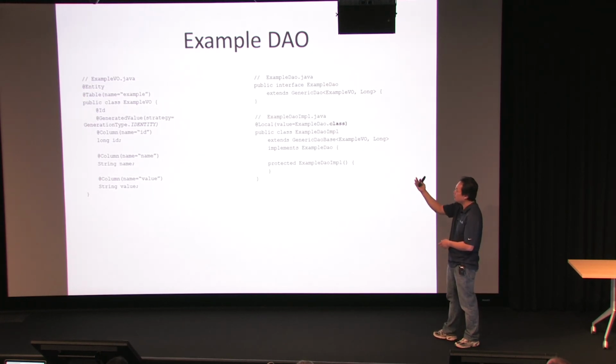You have our standard Java entity with its annotations, and then you create a DAO that inherits from the generic DAO interface, and then your implementation extends generic DAO base, and that's it. Unless you're doing searching, then you have to write your own search queries. But if you're not doing any searching, then generic DAO base has all the code, does find by ID and things like that to retrieve those. You don't actually have to write any of that code, and you don't have to write the SQL for that.